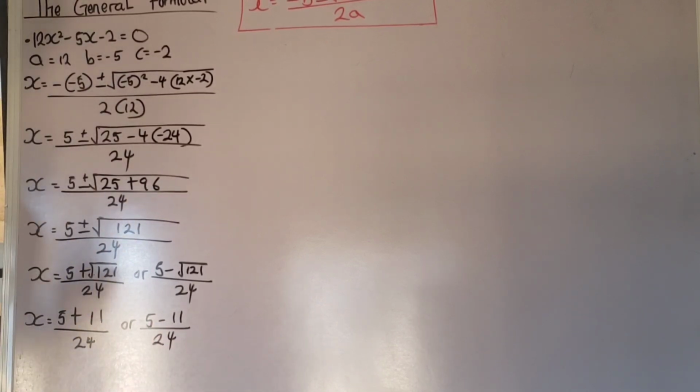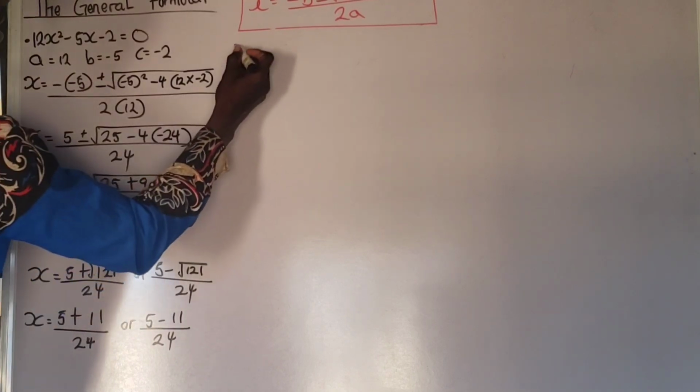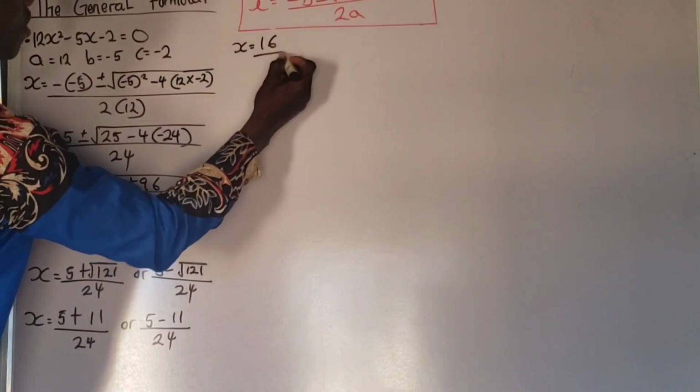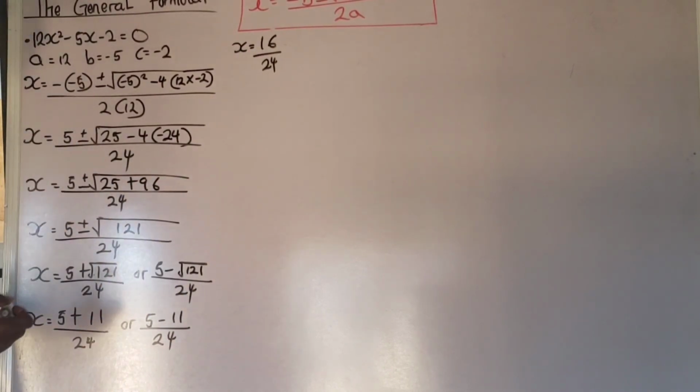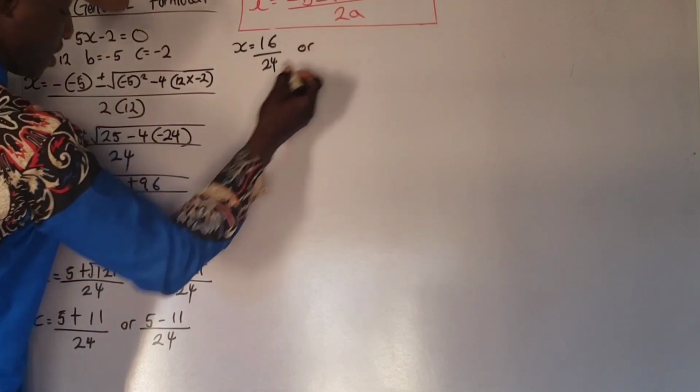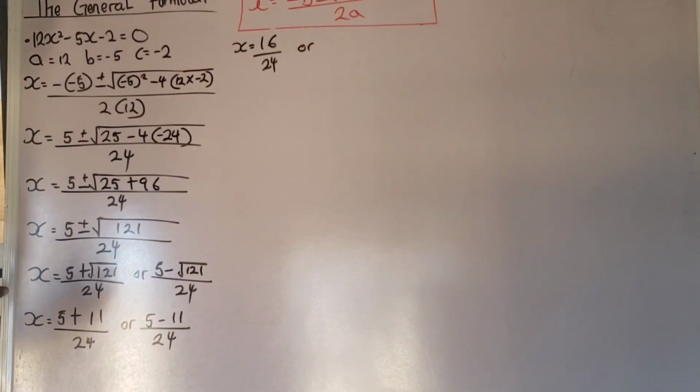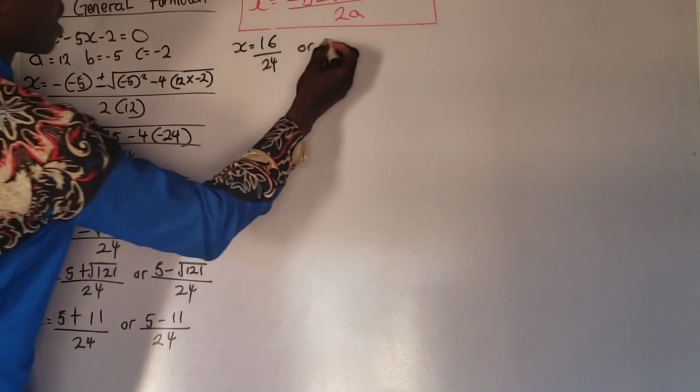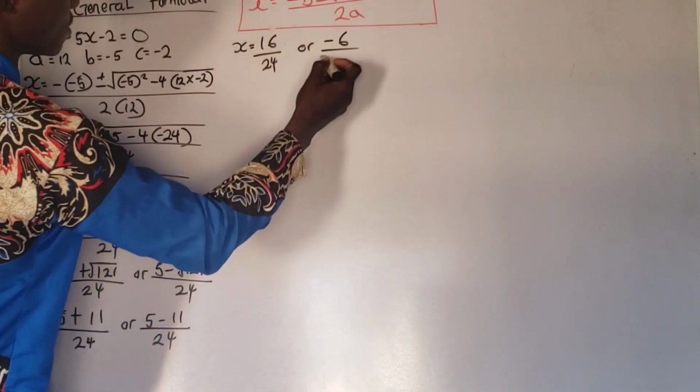Now 5 plus 11 is 16. So here I'm going to have x equals 16 all over 24. Or now 5 minus 11, that will be negative 6. So I'm going to have negative 6 all over 24.